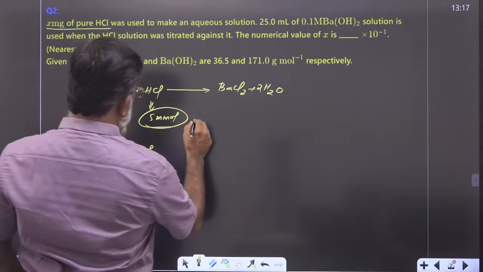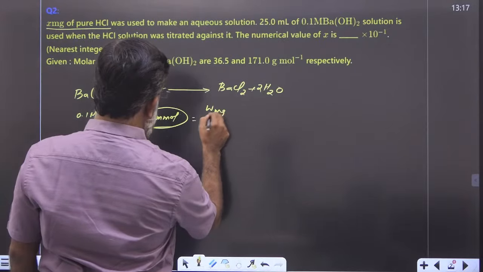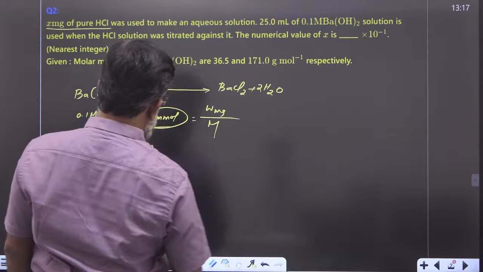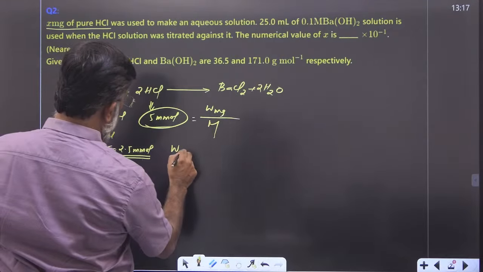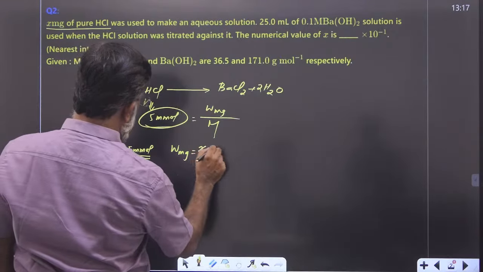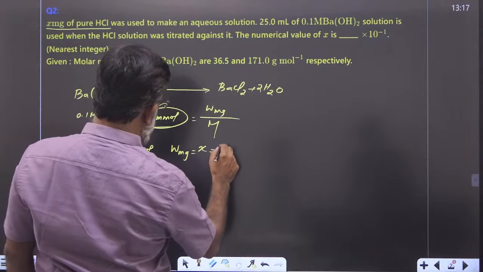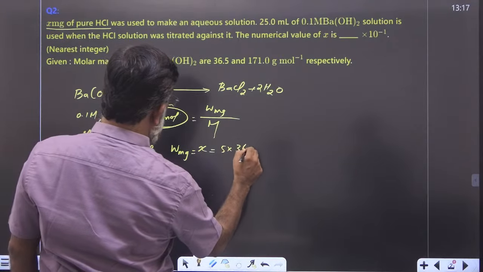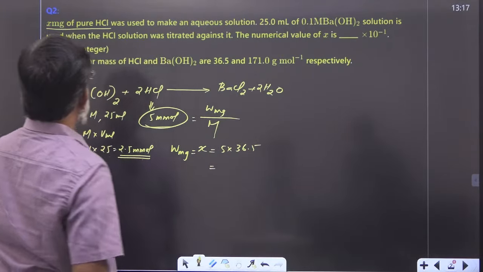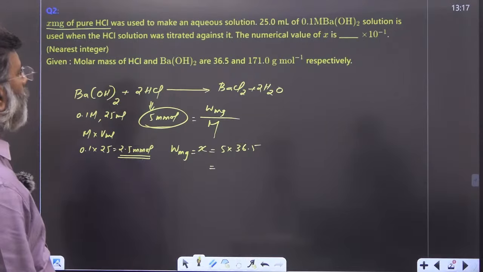5 millimole equal to weight in milligram divided by molar mass. Therefore, weight in milligram, അതായത് X equal to 5 into 36.5.